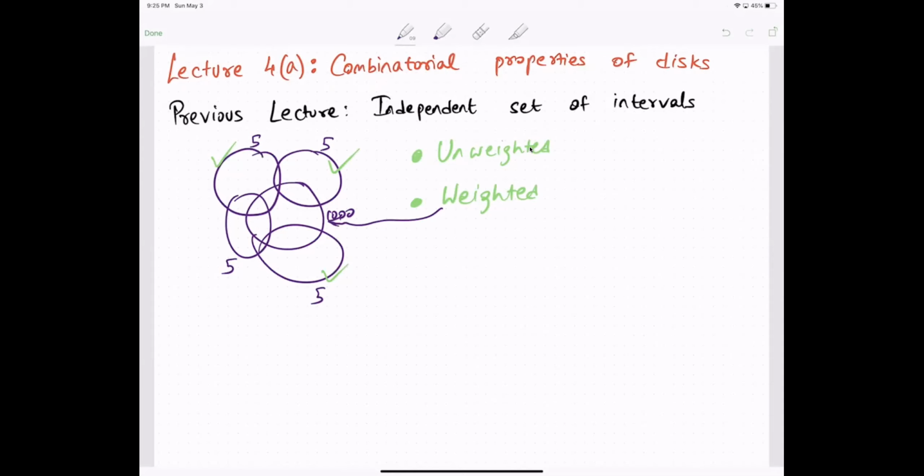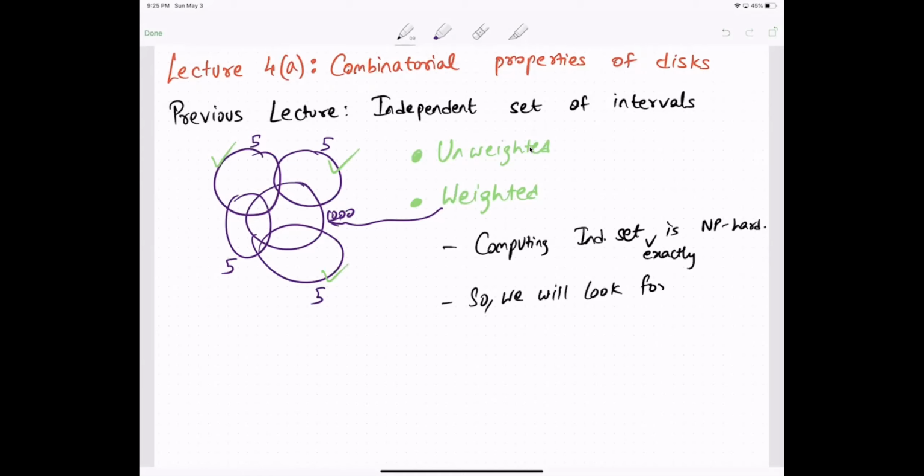Okay, good. As we know the story, just like what I've told before, computing an independent set is, again, exactly NP hard. So we will look for an approximation algorithm.